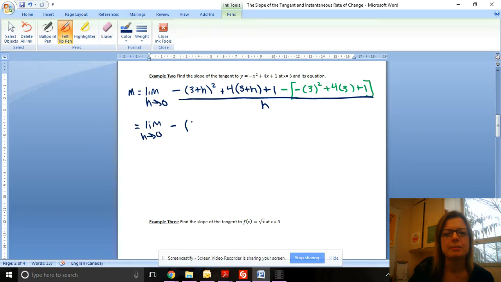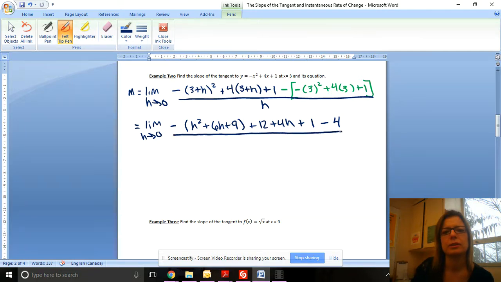So you get h squared plus 6h plus 9, all made negative, plus 12 plus 4h plus 1. And I believe you'll believe me that this is all minus 4. So all of this green becomes 4 if you actually go and find it. All divided by h. Okay, so the limit as h approaches 0.